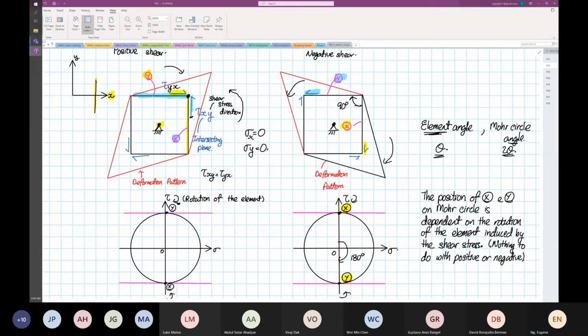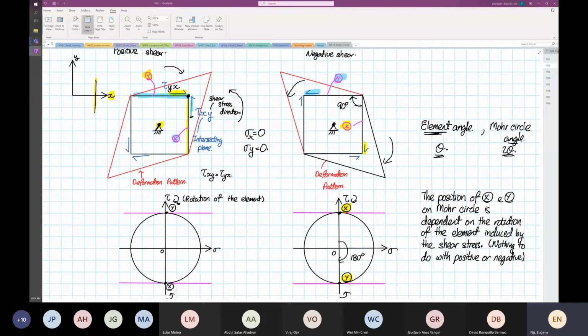So before we go into more circle stuff, I'm going to describe to you the rules of the circle. So I'm going to talk to you guys on the rules of a circle.